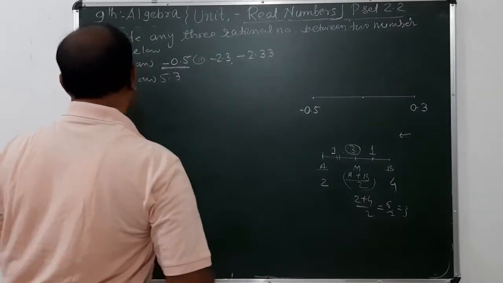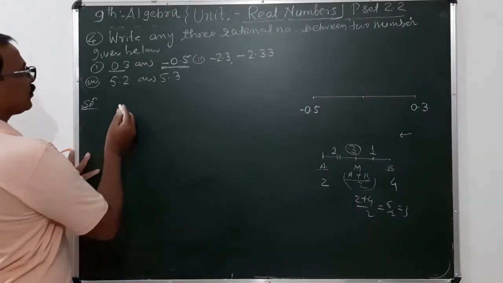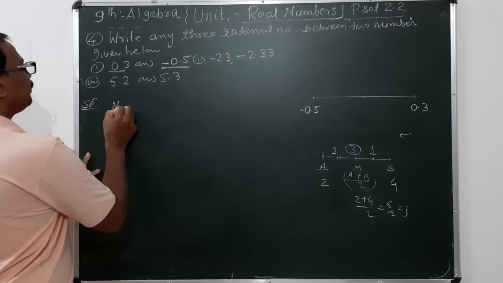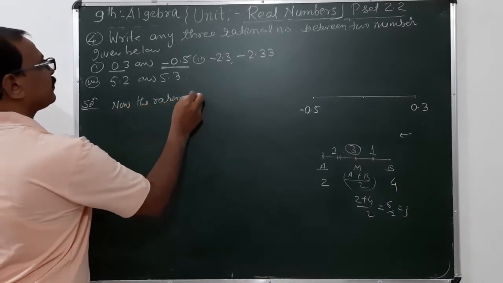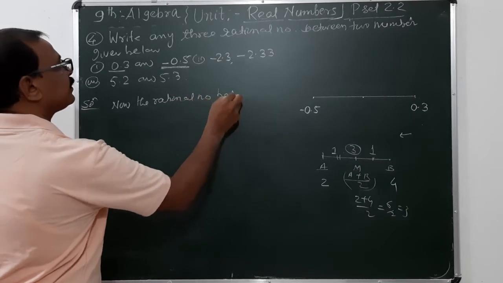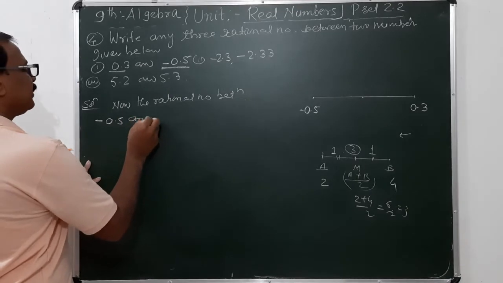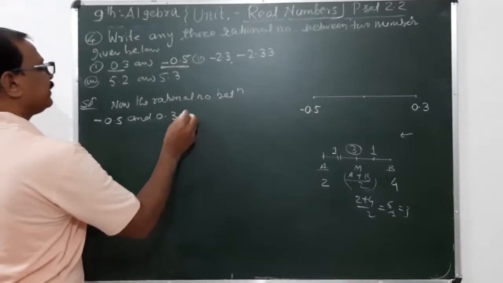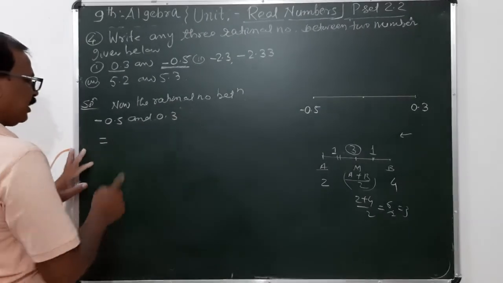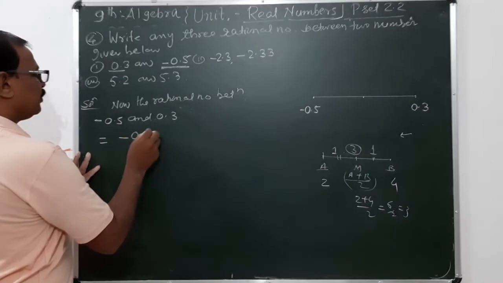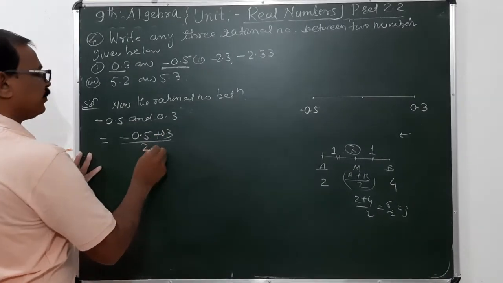So here, therefore, the rational number between minus 0.5 and 0.3 is equal to, let's add the two, minus 0.5 plus 0.3 divided by 2.